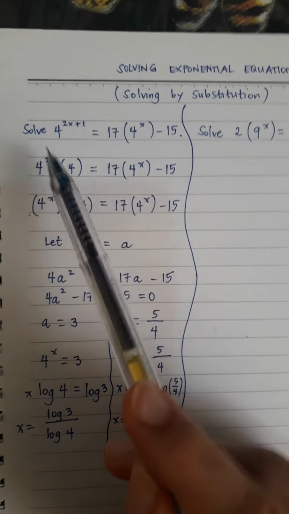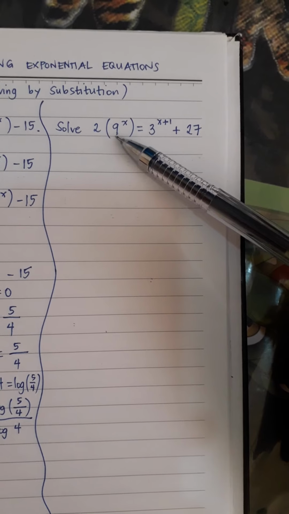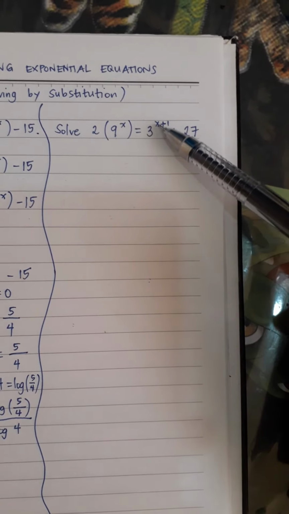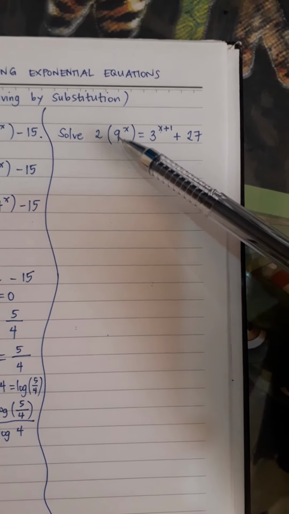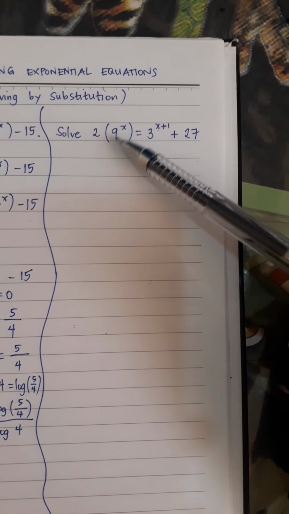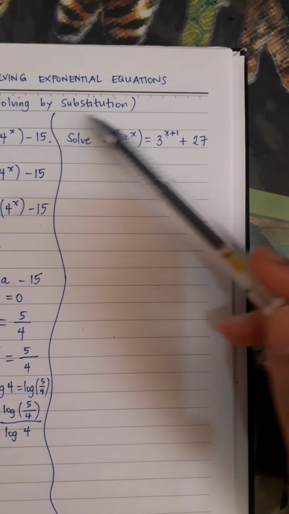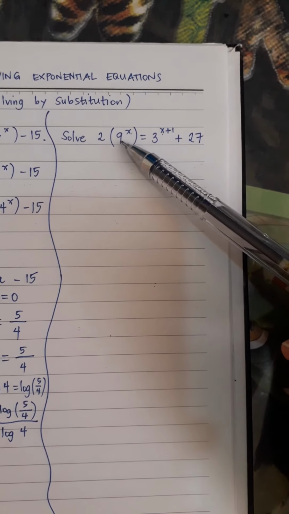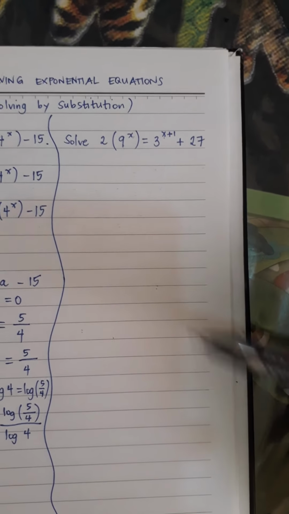But in here, you have to remember that 9 can be expressed as a power of 3. Then, both of them have powers of x. See? So, because we can express 9 as a power of 3, that's where the idea of substitution comes from.